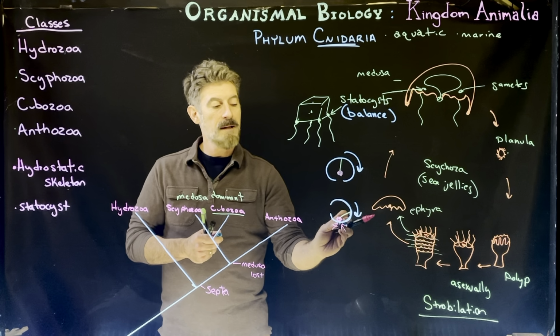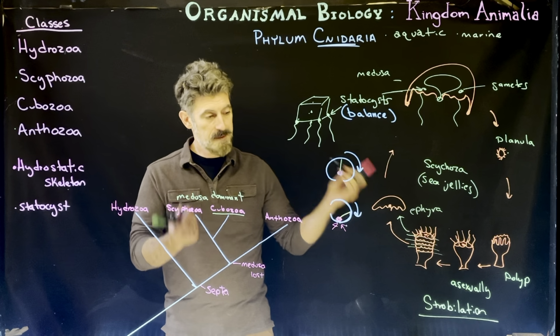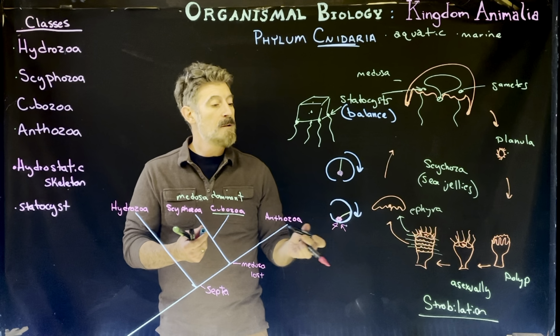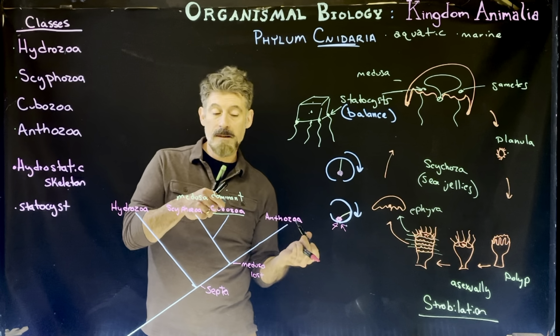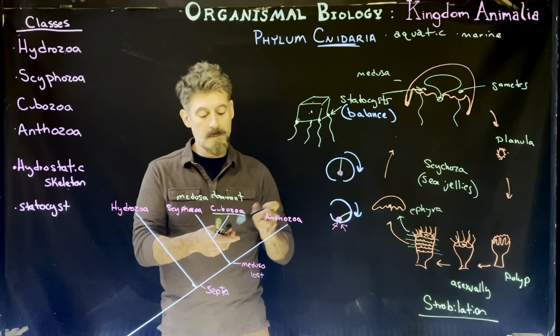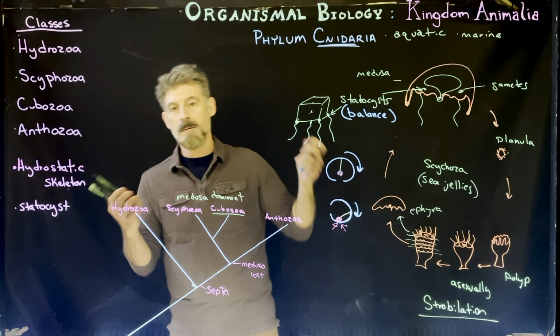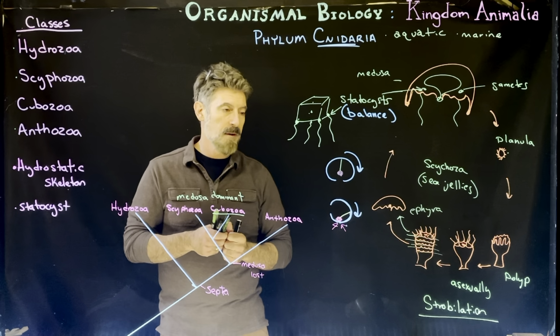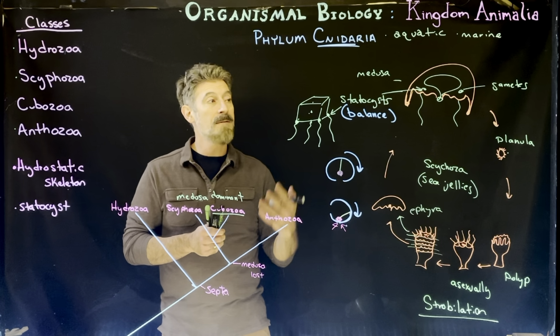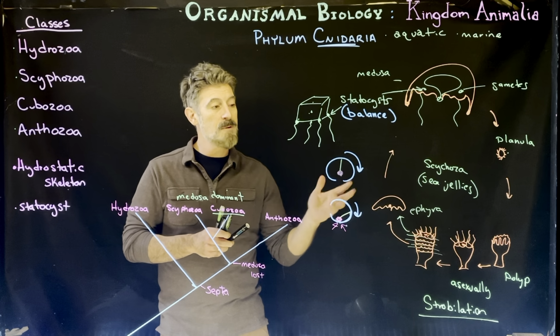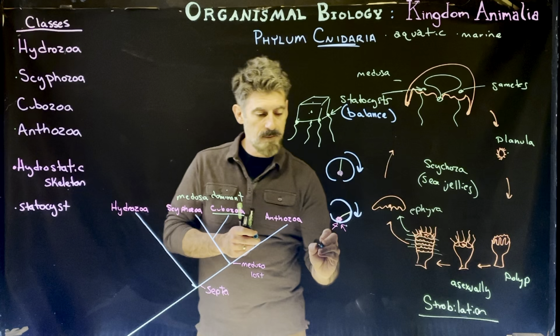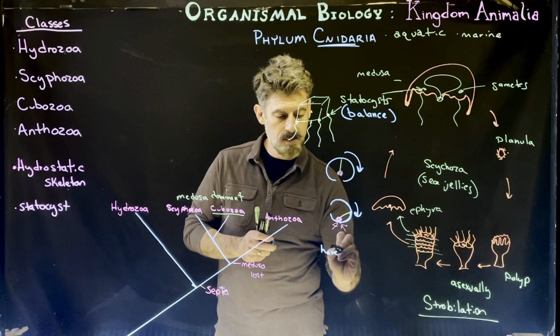That contact gives a signal to the organism that maybe it wants to be tilted sideways because it's moving in a particular direction, or maybe it doesn't, so it helps it correct itself and right itself. So they do have this type of sensory structure. I said these organisms do not have a brain, but they do have a nervous system.